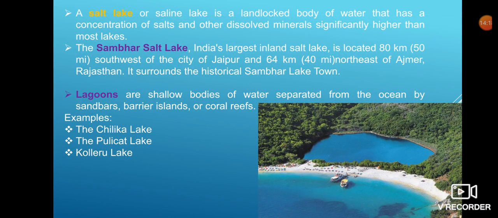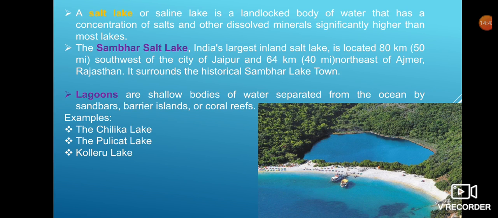The saltwater lake or the saline lake is a landlocked body of water that has a concentration of salts and other dissolved minerals significantly higher than most lakes. The Sambar Lake, which is there in Rajasthan, is India's largest inland saltwater lake.